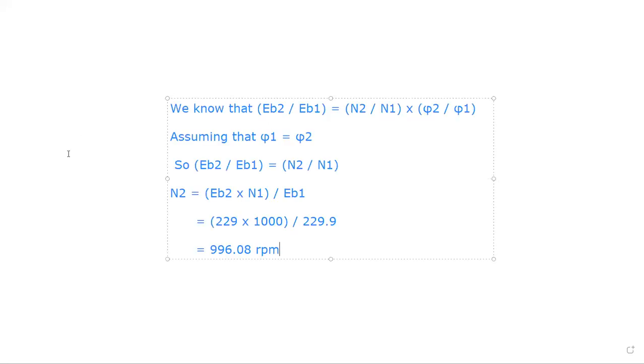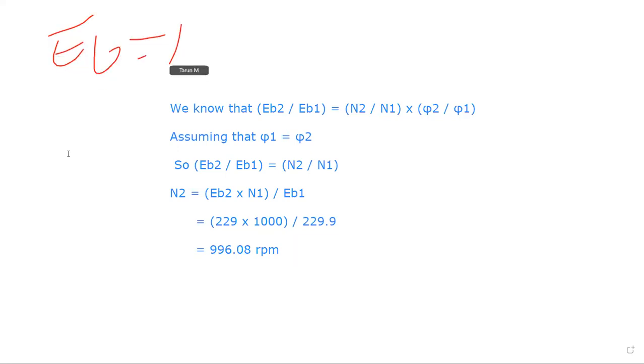And we have to calculate the drop in the speed, right? So we know EB equal to N into phi, correct? By using this formula, we can write EB2 upon EB1 equal to N2 upon N1 into phi 2 upon phi 1.